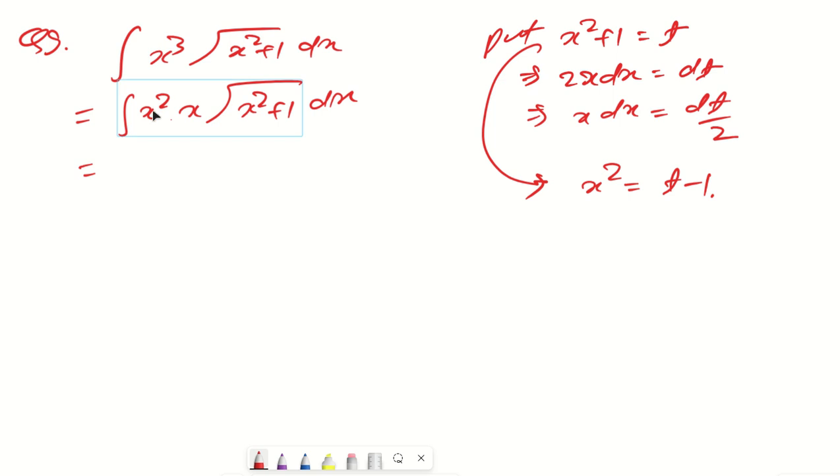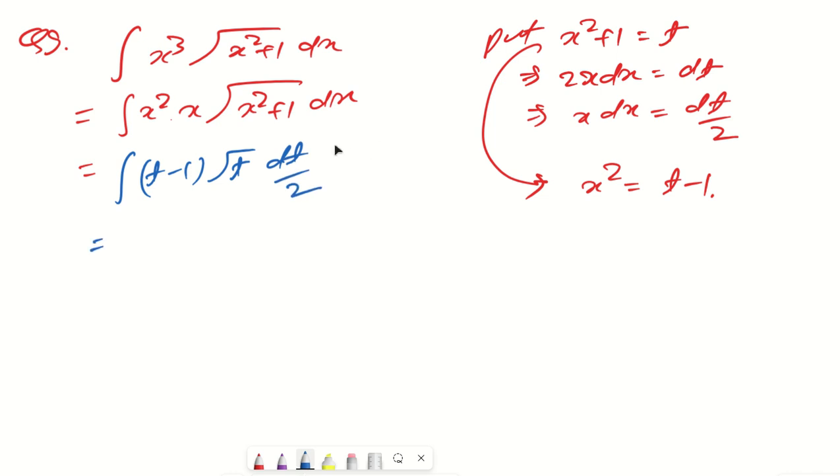So x square can be replaced by t minus 1, x dx by dt by 2, and the square root of x square plus 1 by the square root of t.